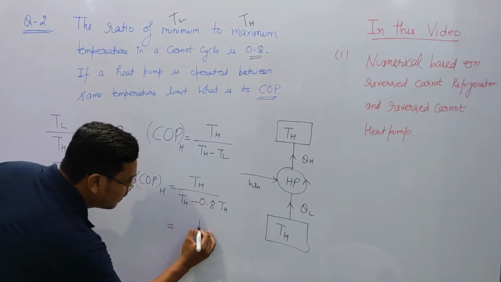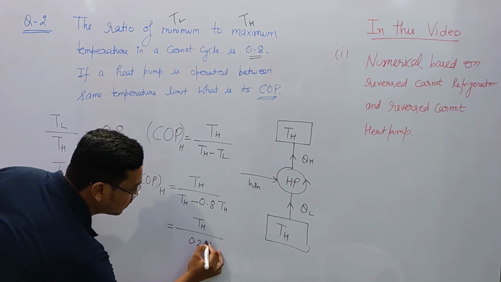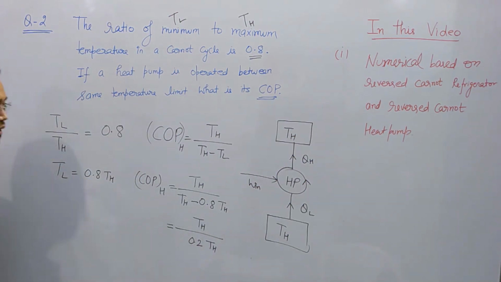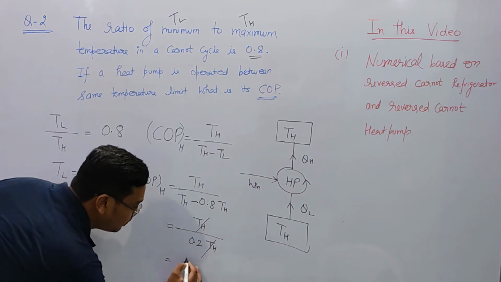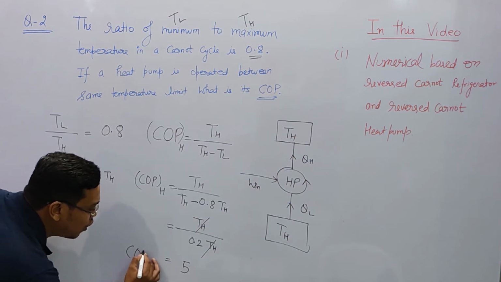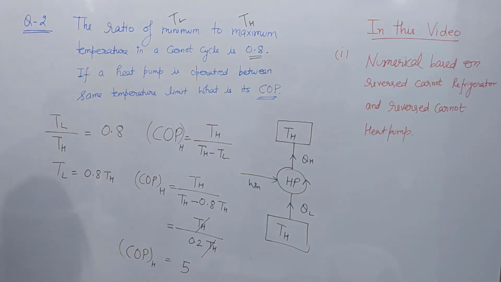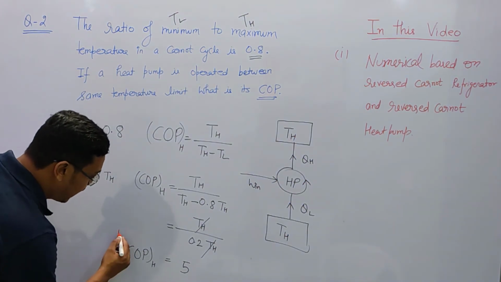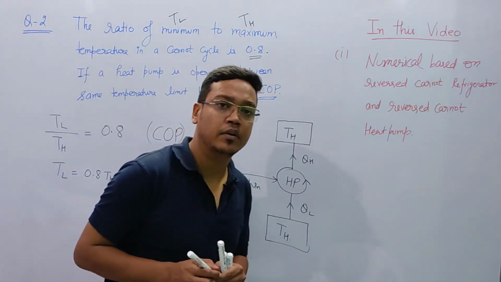Now TH divided by this will be 0.2 TH. Okay friends, this will cancel out and it will become 5. So COP of heat pump shall be 5 if this heat pump is working in a reverse Carnot cycle. This is the COP of heat pump.